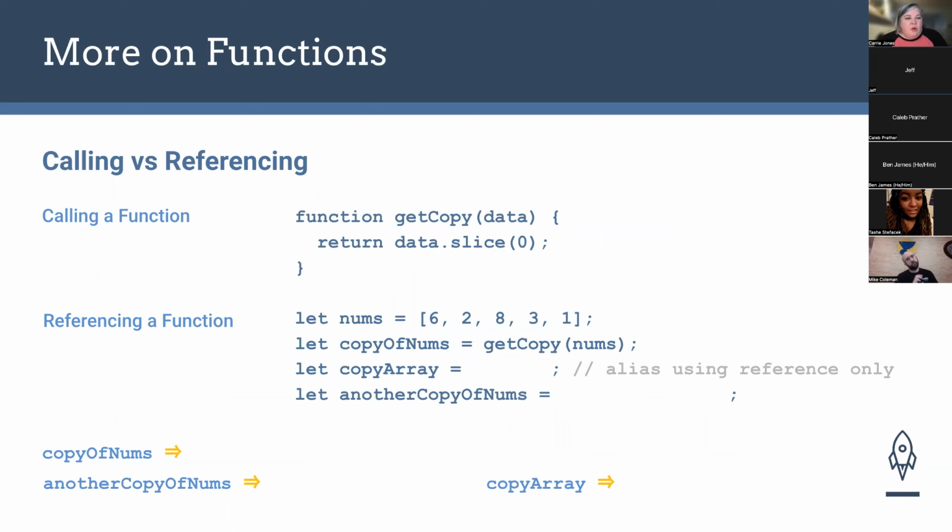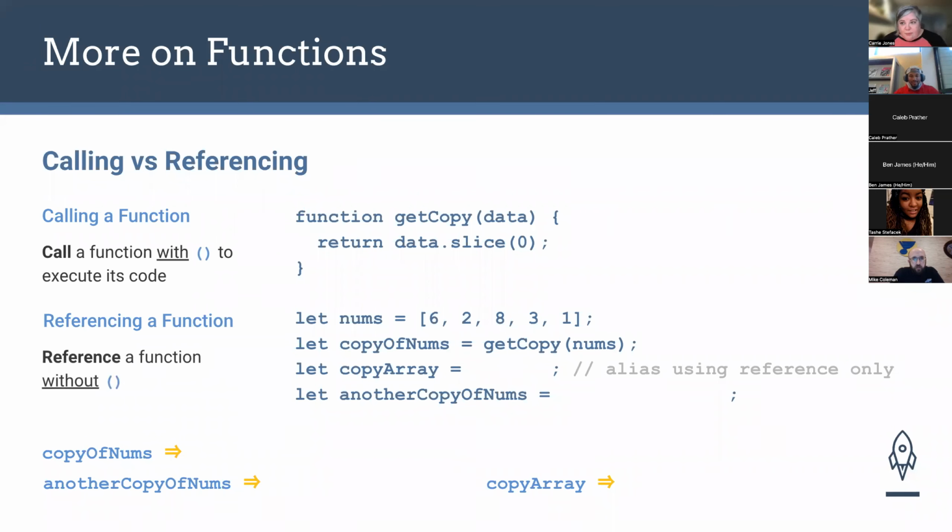Okay, so calling a function. As we just said, you call a function with the parentheses, the name and the parentheses, to execute the code. But if you want to reference a function, you don't use the parentheses. And this is an important distinction. So let's look at this example here. We've got a function, getCopy, that takes data of some kind, and it returns data.slice at index 0.